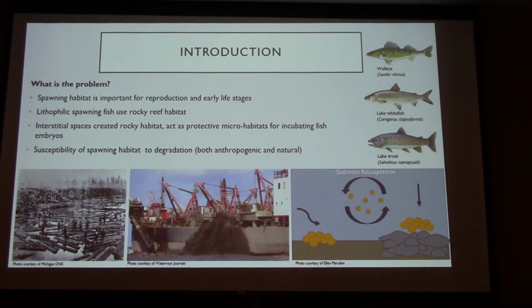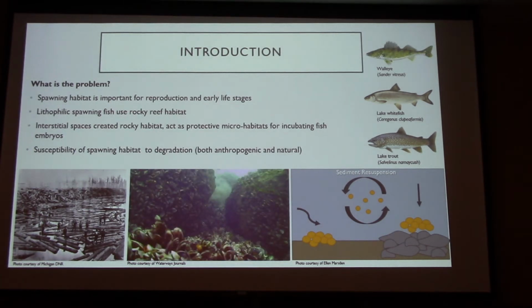We also have some more point source kind of things like dredging and channelization, where we're moving some of those sediments from one area to the next. We also have introduction of some non-native species like dreissenid mussels, and some benthic algae like Cladophora that clog those interstitial spaces. They can also use some of that dissolved oxygen that the embryos require.